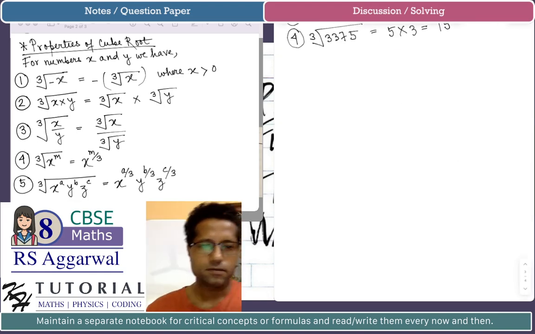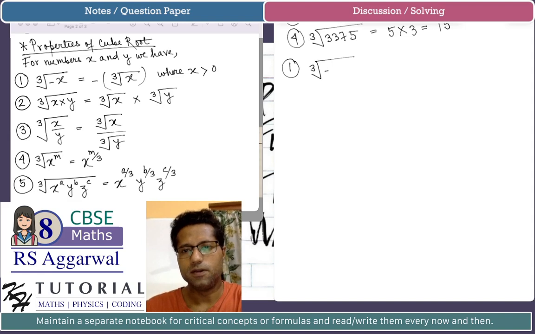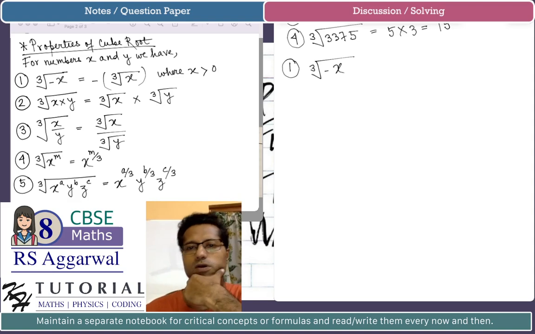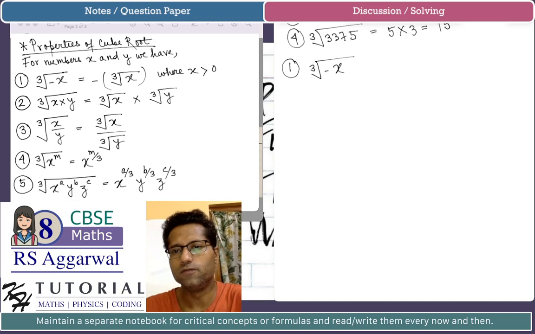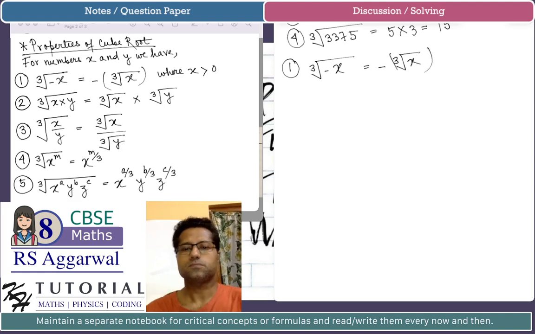The first property is about the cube root of a negative number. Let's say x is a positive number, then minus x is a negative number. So the cube root of minus x will be equal to the negative of the cube root of x.